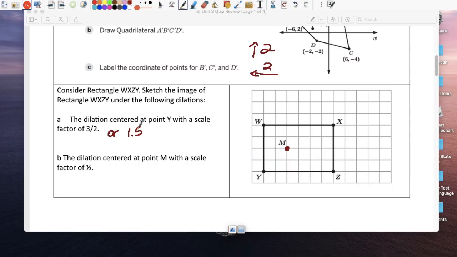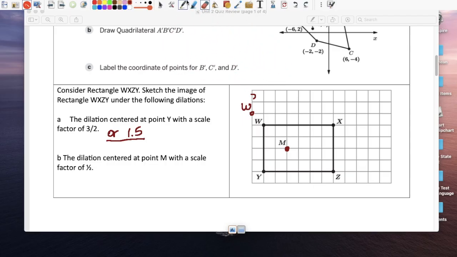So we're going to use a scale factor of 3/2 or 1.5. So multiply 2 times 1.5, you would get 3. So instead of 2, you would now go 3 to the right, and then 1.5 times 2 again, 3 up. So point W prime would be 3 to the left and 3 up. That's where W prime would be. X. So from our center, how do we get to X?